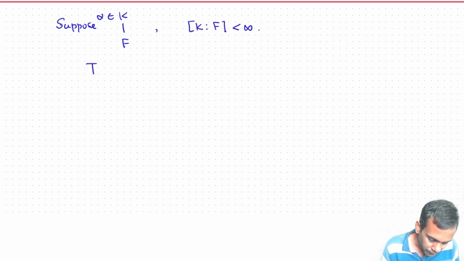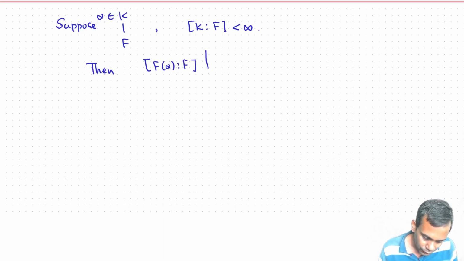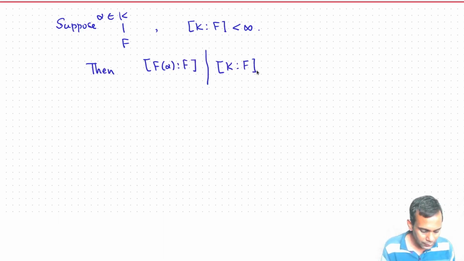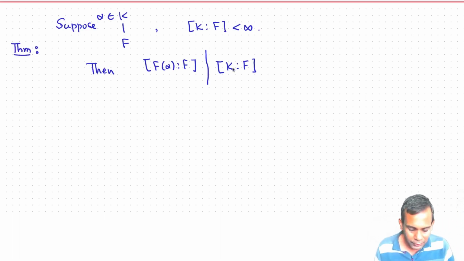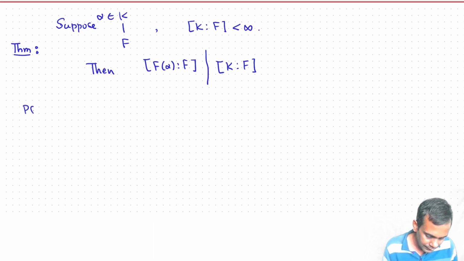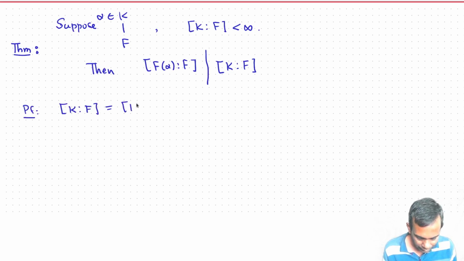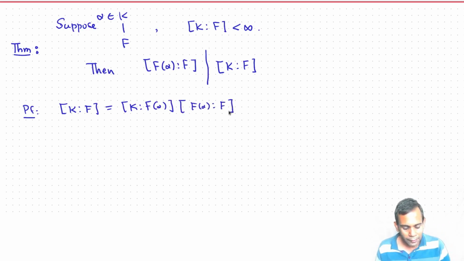Then what we know is that the index of F(alpha) over F is going to divide the index of K over F. So this is a theorem. Why? Well, because the index of K over F is just the index of K over F(alpha) times the index of F(alpha) over F. So the index of F(alpha) over F better divide the index of K over F.